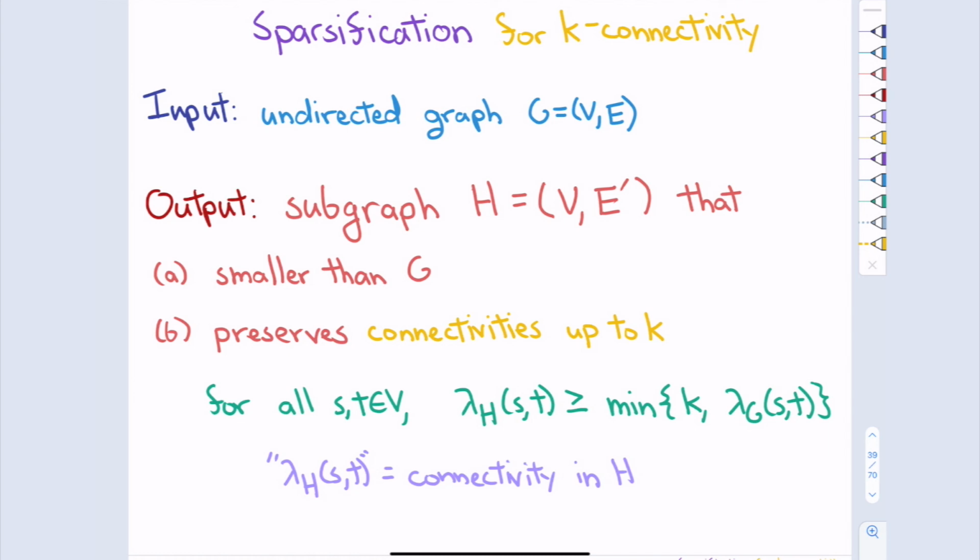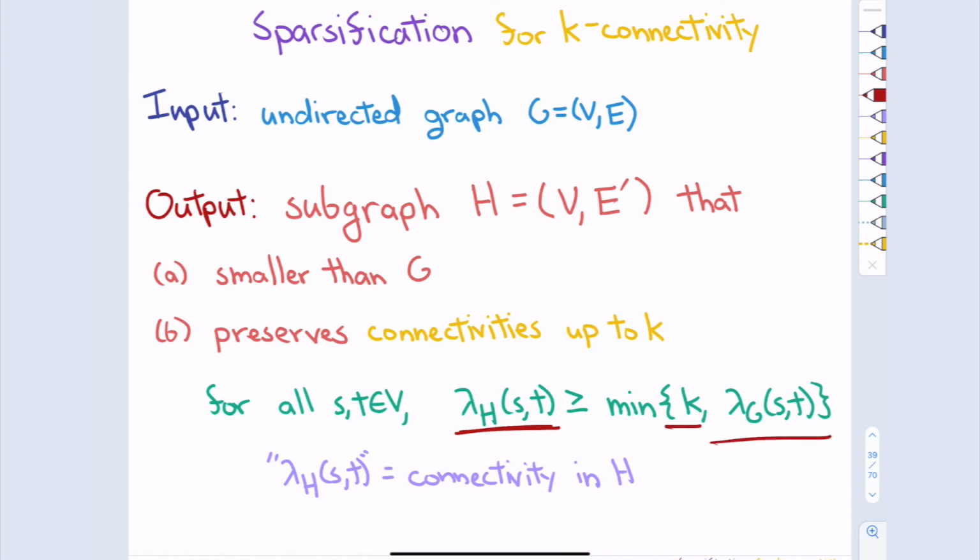Or more generally, if my parameter is 10, but S and T actually had connectivity 5 originally, I want them to still have connectivity 5 in the smaller graph. So that's what this is saying. Because it's a subgraph, the connectivities aren't going to go up. They're only going to go down, if anything. I'm only dropping some edges. That's going to hurt some connectivities. But I want to make sure that the connectivity is at least the minimum of my parameter k and its original connectivity.